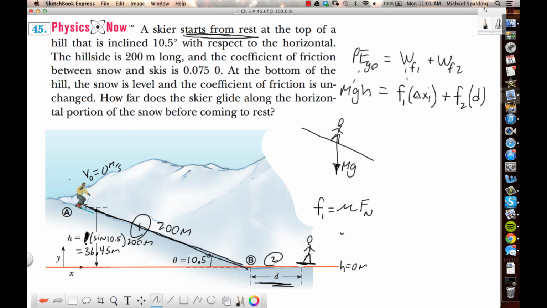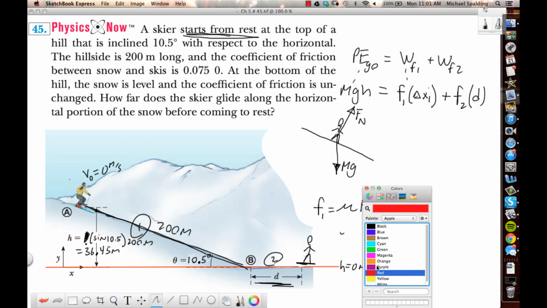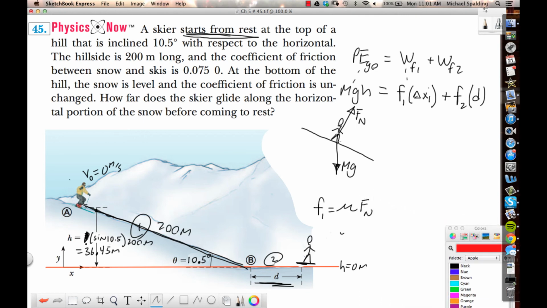We got mg down, and then normal force like this. So this goes back to chapter 4. There's no way around it. You have to go back to chapter 4. So the normal force has that component and that component. This angle in here is 10.5. It's the angle of the incline. So normal force must be equal to what? To that.